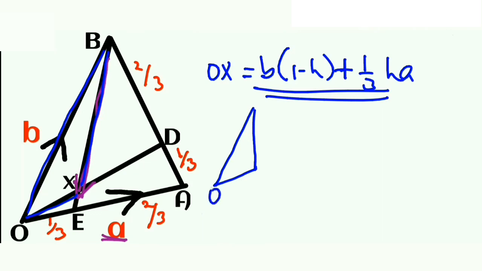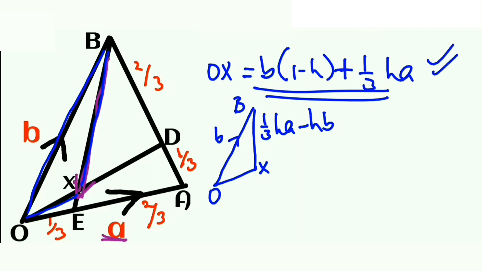This is O, this is X, this is B, and this is A. Then BX from C part 1 is 1/3 HA minus HB. So we have to prove that OX equals this value.